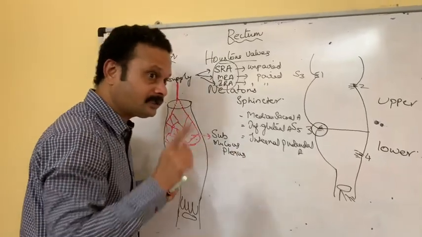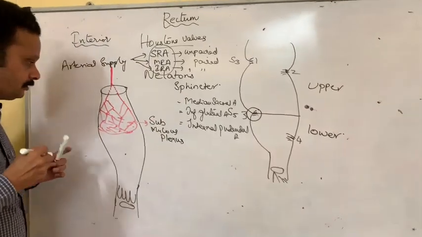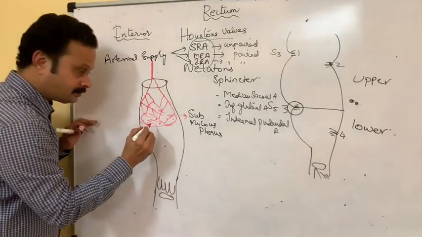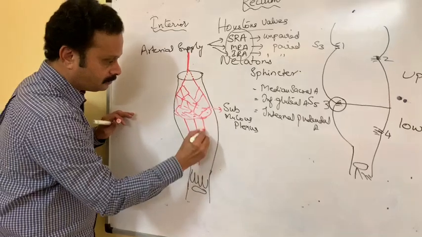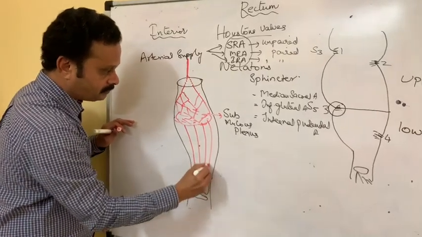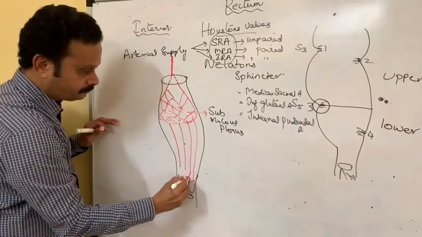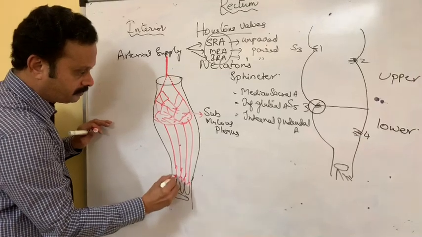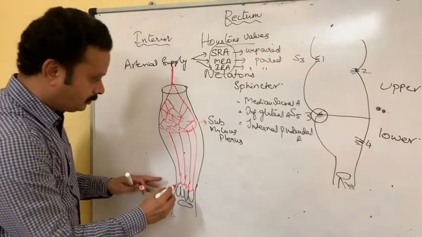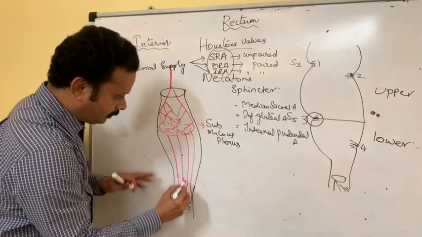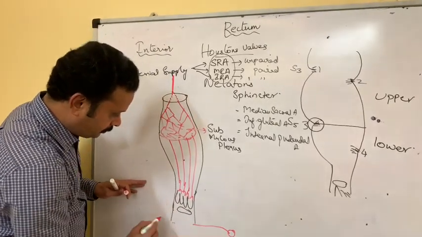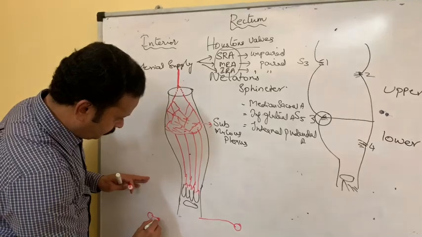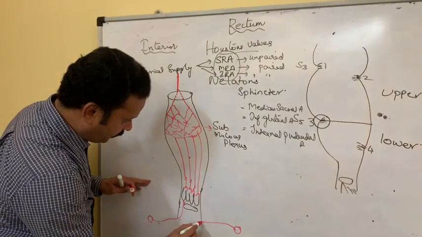And from the plexus numerous straight vessels radiate downwards, which anastomose with the inferior rectal artery.